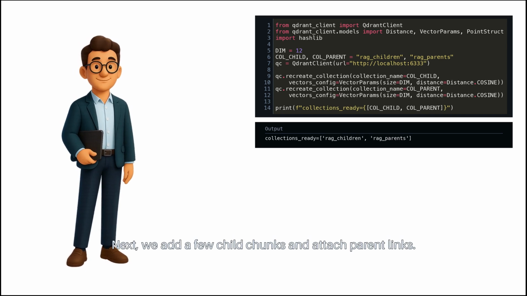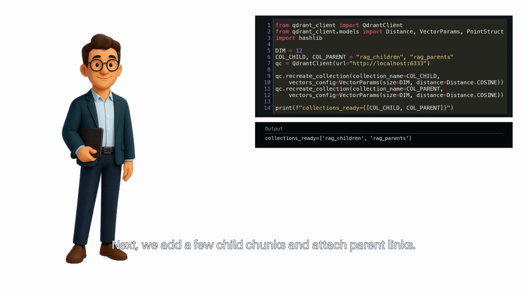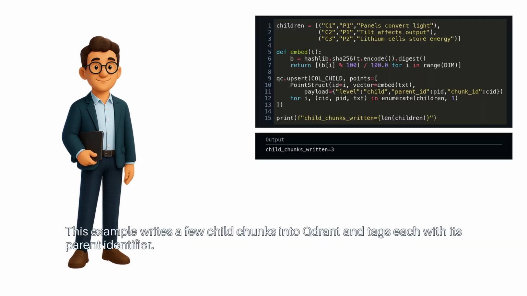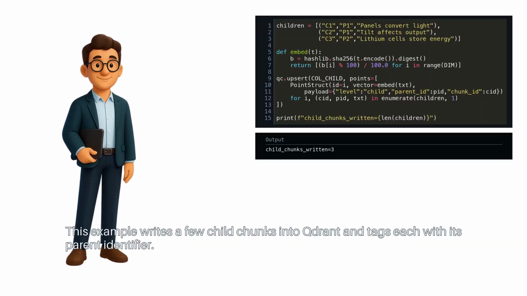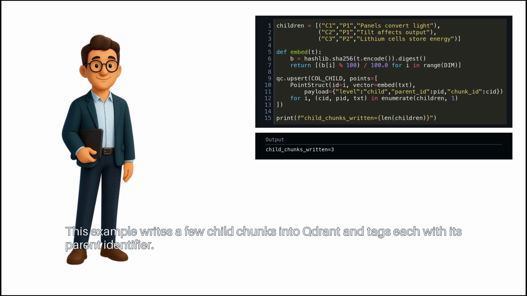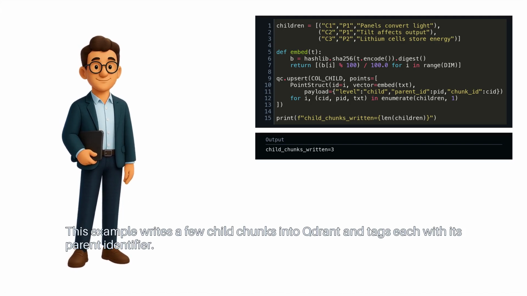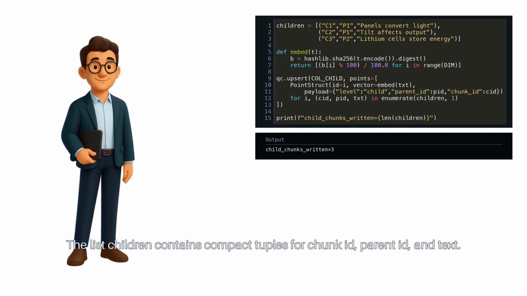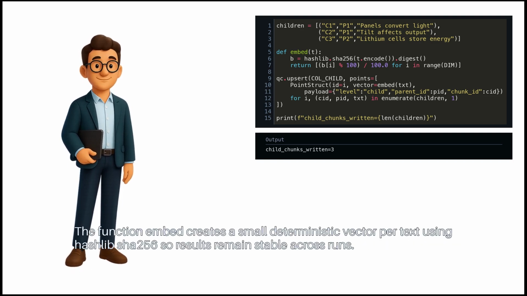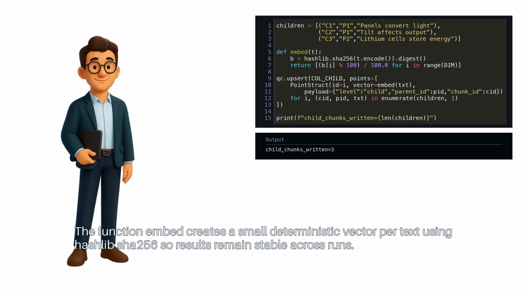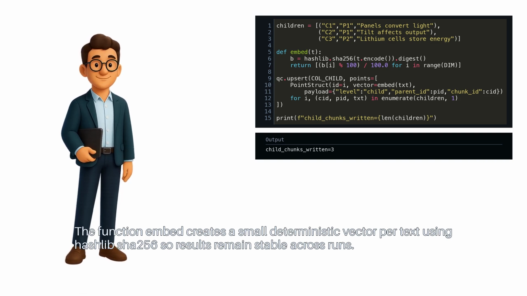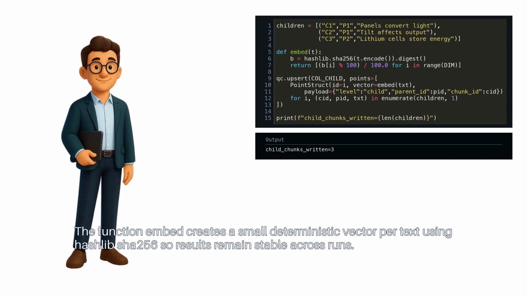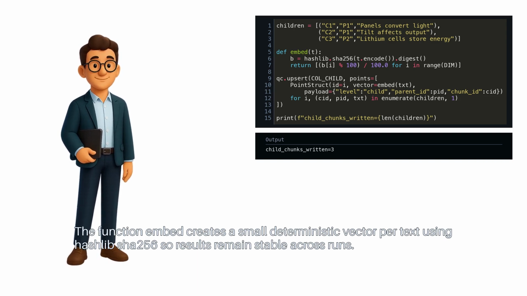Next, we add a few child chunks and attach parent links. This example writes a few child chunks into Qdrant and tags each with its parent identifier. The list children contains compact tuples for chunk ID, parent ID, and text. The function embed creates a small deterministic vector per text using hashlib SHA-256, so results remain stable across runs.